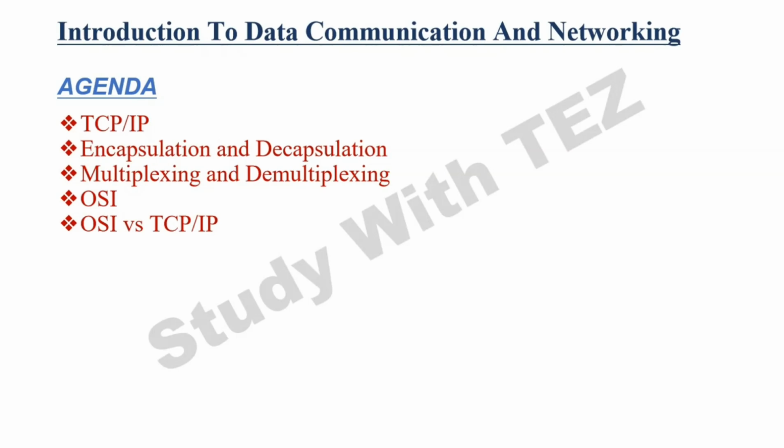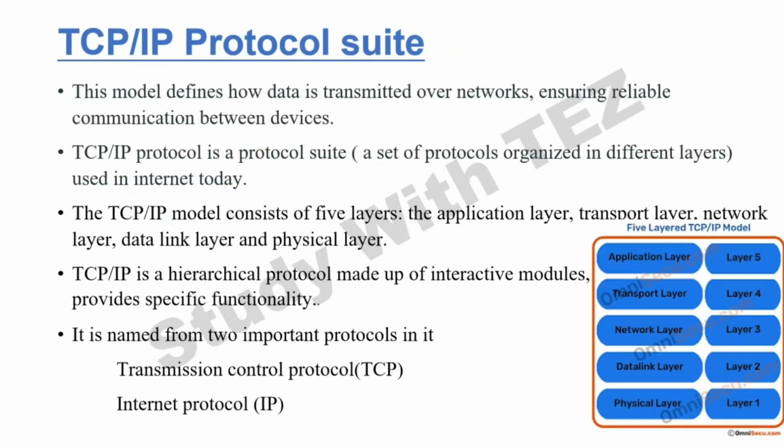So basically, the TCP/IP Protocol Suite is a hierarchical protocol made up of interactive modules, where each module provides a specific functionality. This model basically defines how the data has to be transported over the networks, ensuring the reliability of communication between the devices.